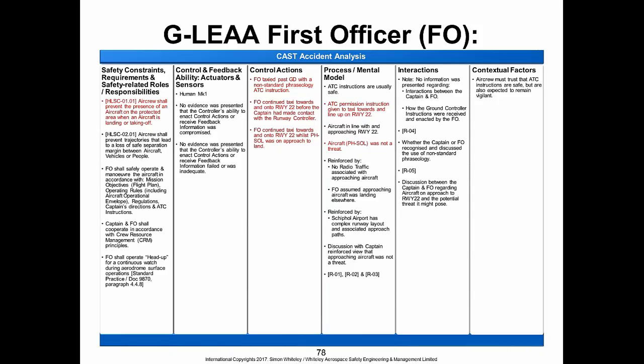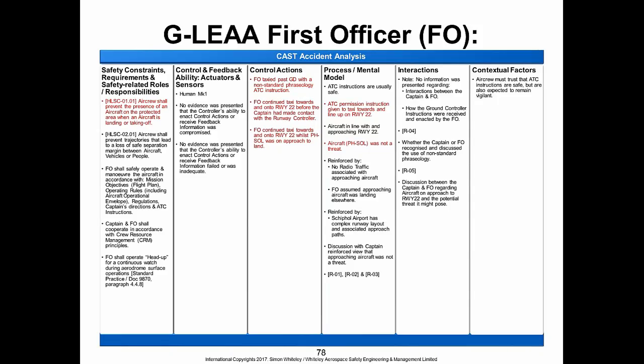Now it's important to recognise that that was reinforced by there being no radio traffic associated with the approaching aircraft, and that the first officer assumed the approaching aircraft was landing elsewhere. And as I mentioned earlier on, that was reinforced by Schiphol airport having a complex runway layout and associated approach paths. And then discussion with the captain reinforced the view that the approaching aircraft was not a threat. Now, I've highlighted 3 recommendations there associated with these aspects, and I can highlight those later on.